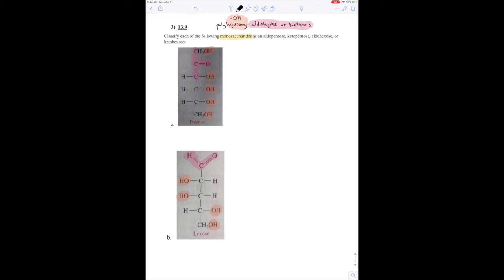Now these monosaccharides, these fundamental building blocks, can be classified first by whether they have an aldehyde or ketone.